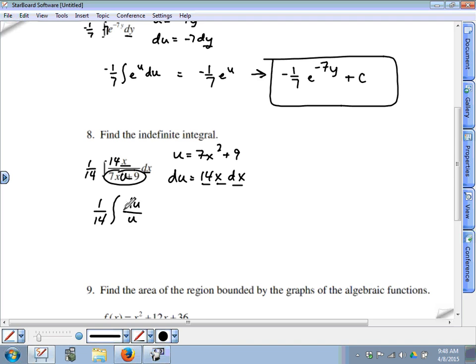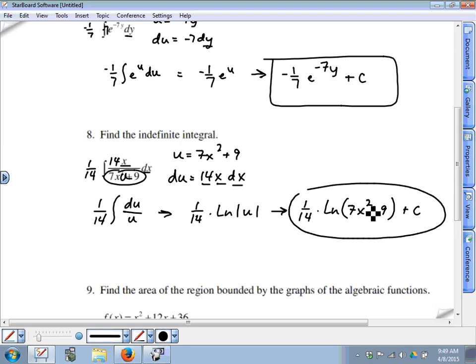The integral of du over u is the natural log of the absolute value of u, and that's what we have here. So this is 1/14 times the natural log. Now u is 7x squared plus 9. That's always going to be a positive value, so we don't need the absolute values anymore.